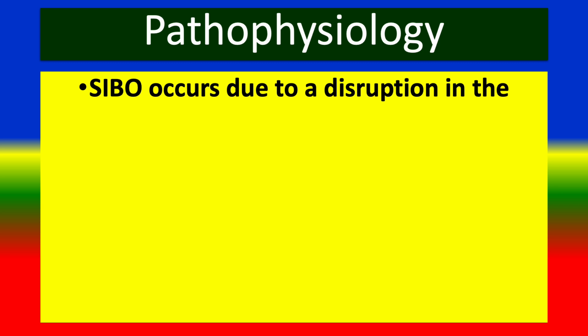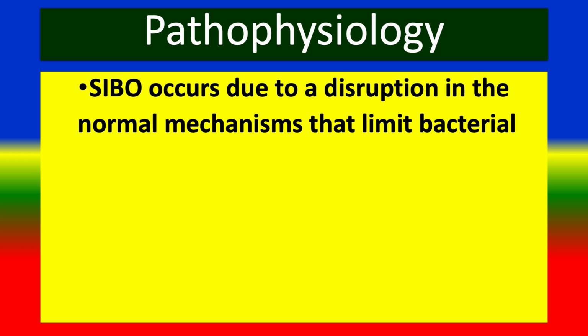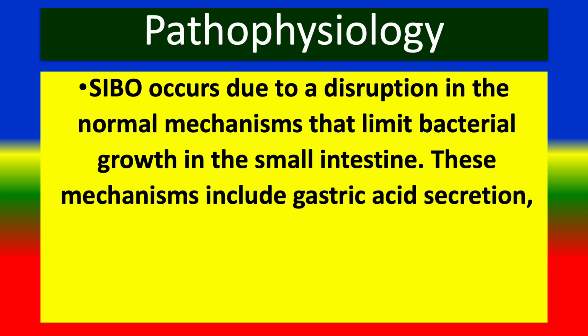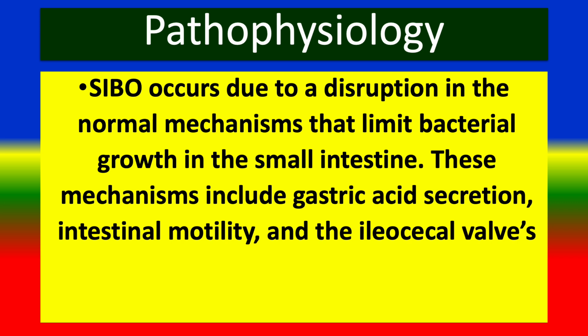Pathophysiology: SIBO occurs due to disruption in the normal mechanisms that limit bacterial growth in the small intestine. These mechanisms include gastric acid secretion, intestinal motility, and the ileocecal valve function.